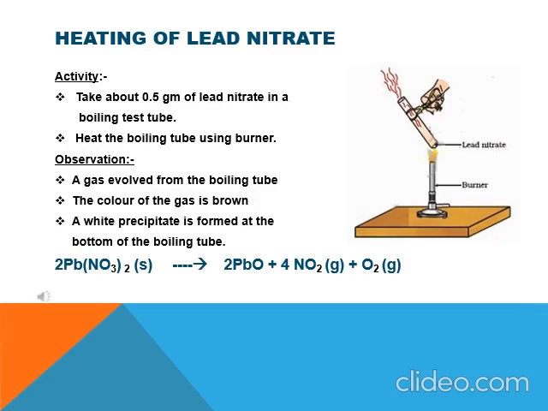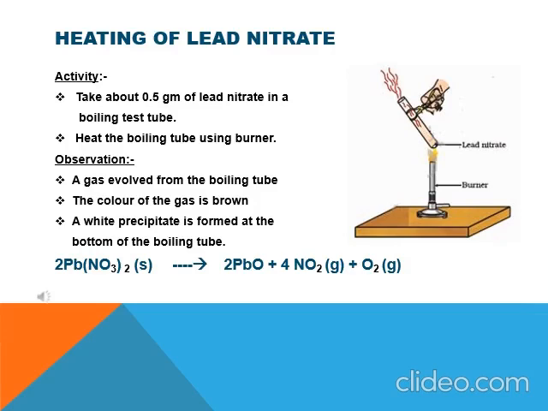So we will observe that during the reaction a brown color gas starts evolving from the boiling tube. That brown color gas is nitrogen dioxide. You must learn these gas colors. That will help you in solving problems later on. After the completion of the reaction, a white precipitate is formed at the bottom of the boiling tube.